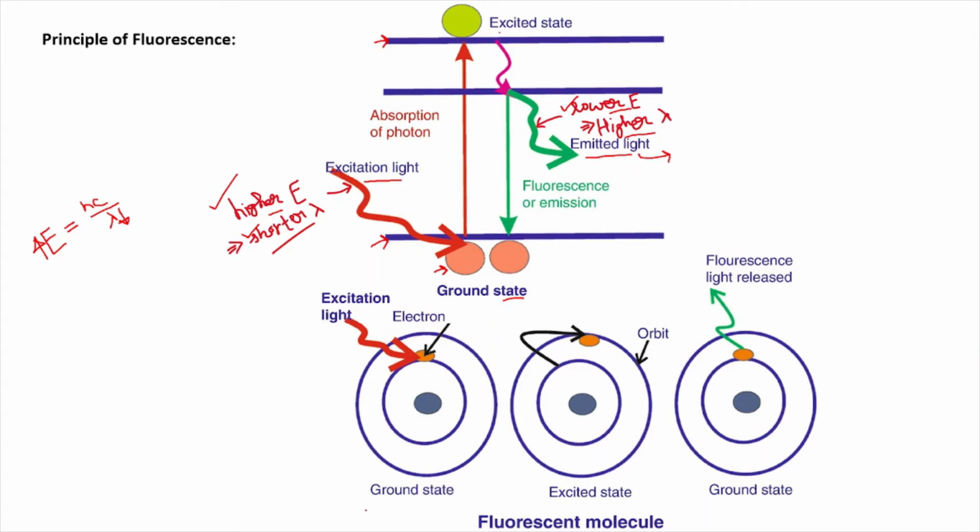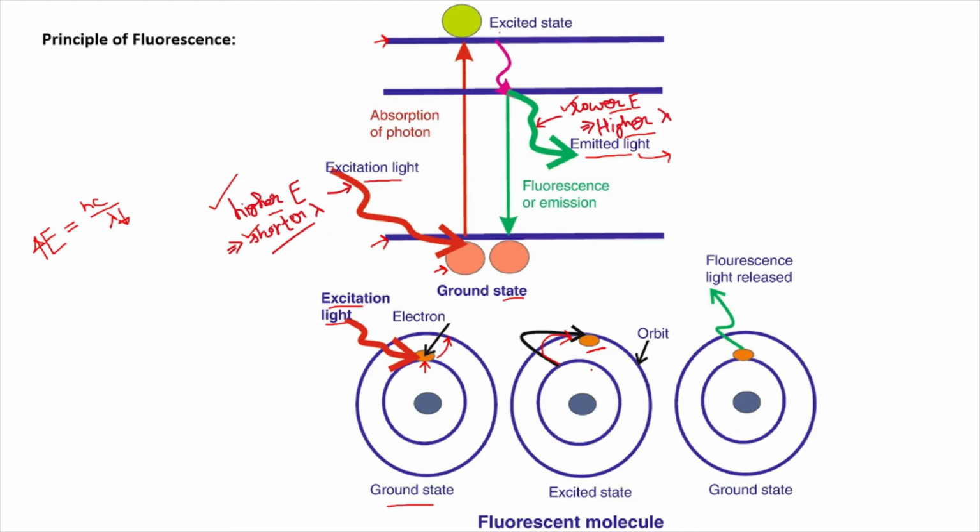If you look at this figure also, here the electron was in the ground state. Now you excite this electron with an excitation light which is of higher energy and shorter wavelength. So what happens? The electron is moving from the ground state energy level to an excited energy level. Here in the middle figure, you will notice the electron has moved from a lower energy level to a high energy level after absorption of the energy of the excitation light.